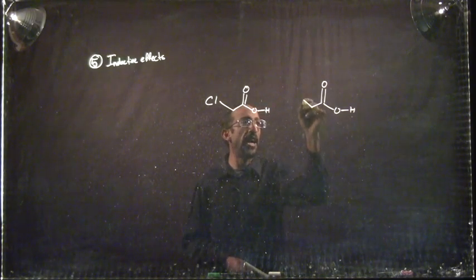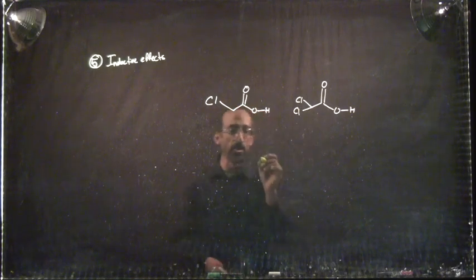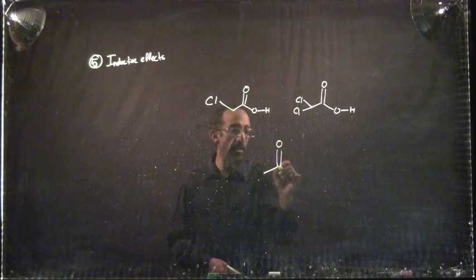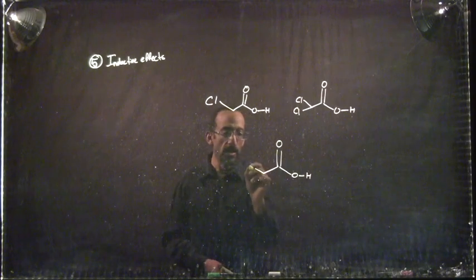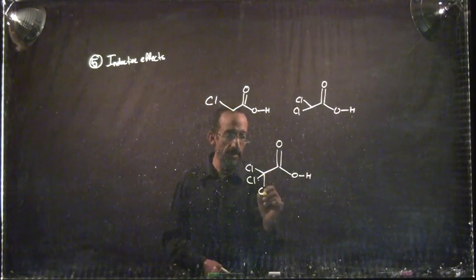So here I'm now going to have 2 chlorines and a hydrogen. And then I'm also going to take a look and replace all of those hydrogens with chlorine atoms and see what the effect is when I do that substitution.